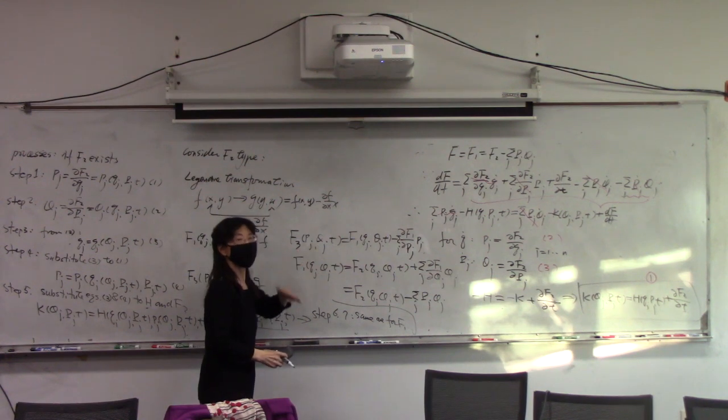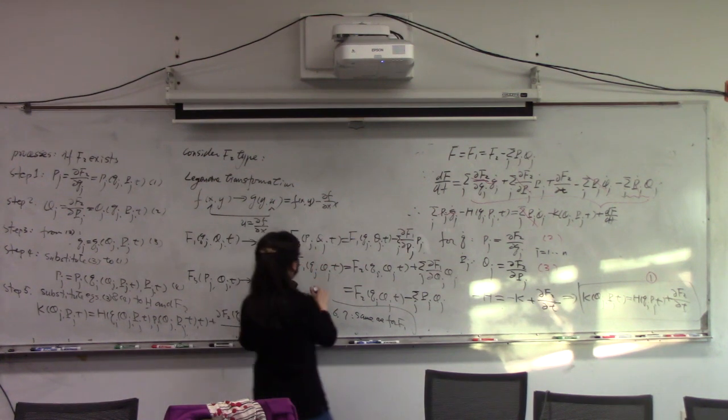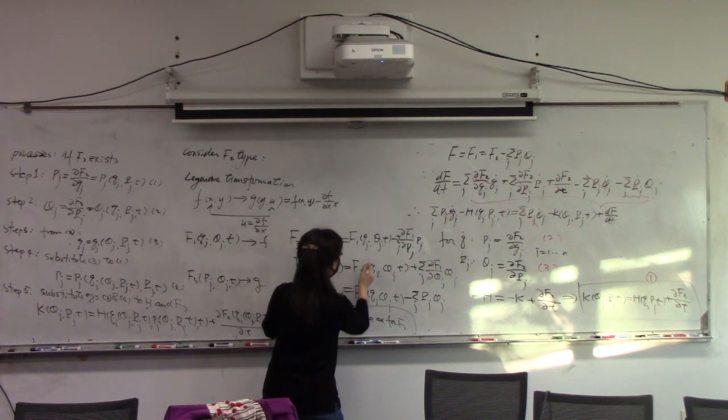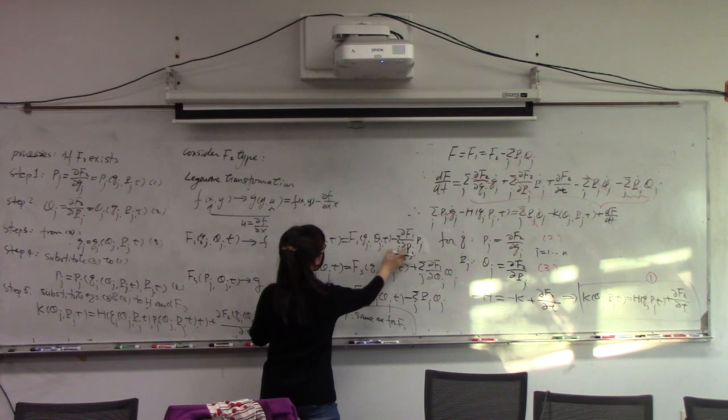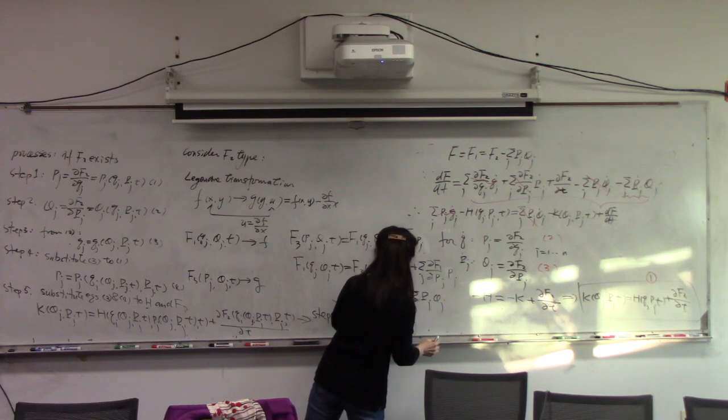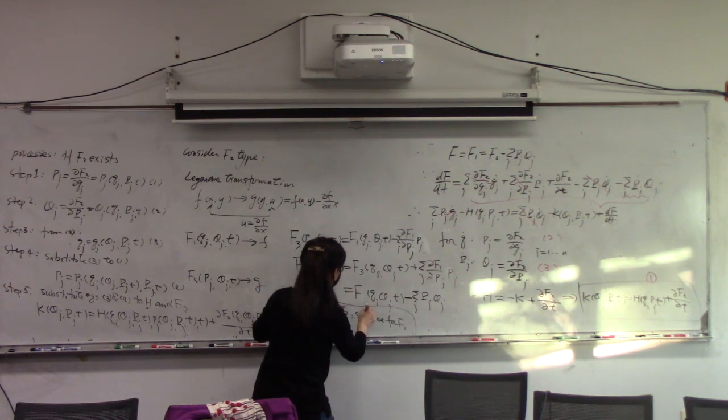If you follow this, the F4 you can do yourself. So now let's see. With this one, here this is F3. I just move this to the right hand side, so that is plus F1. And this is equation 3.